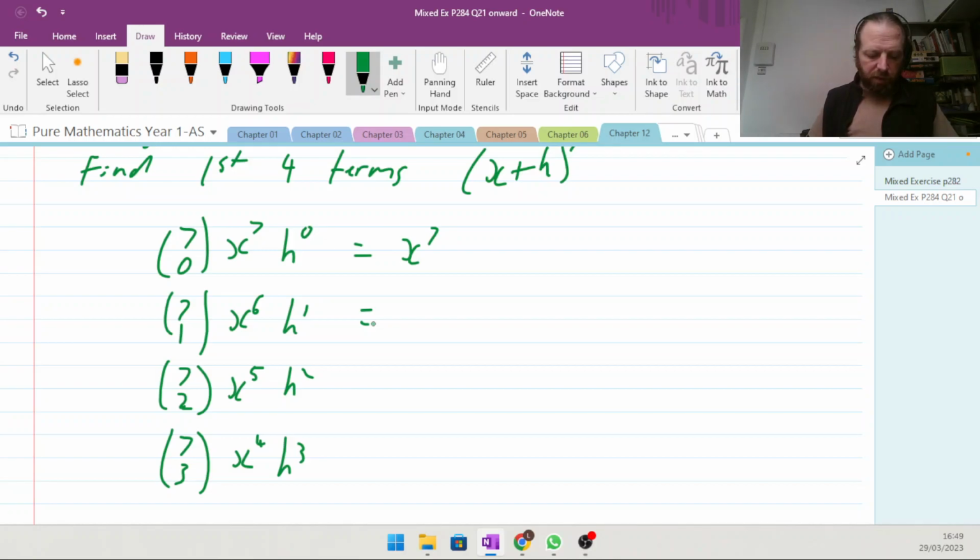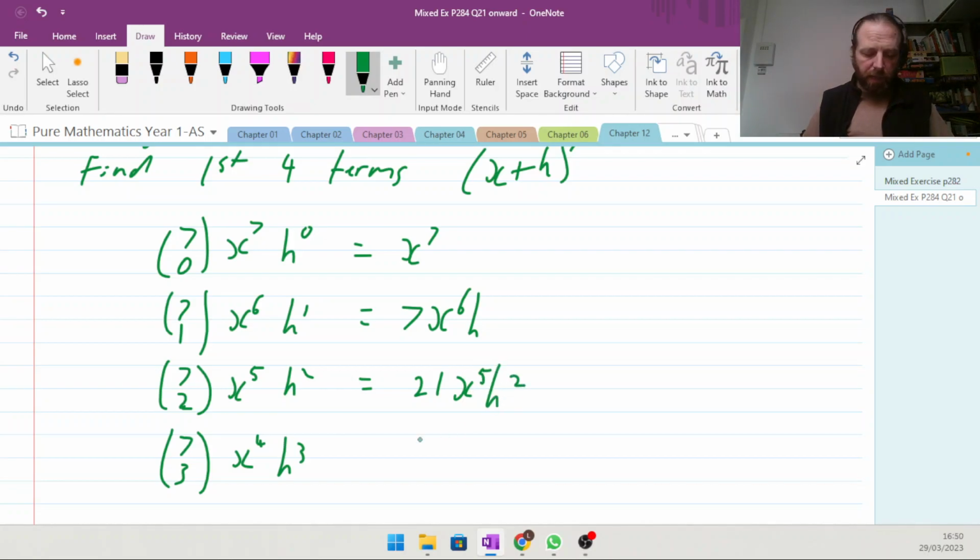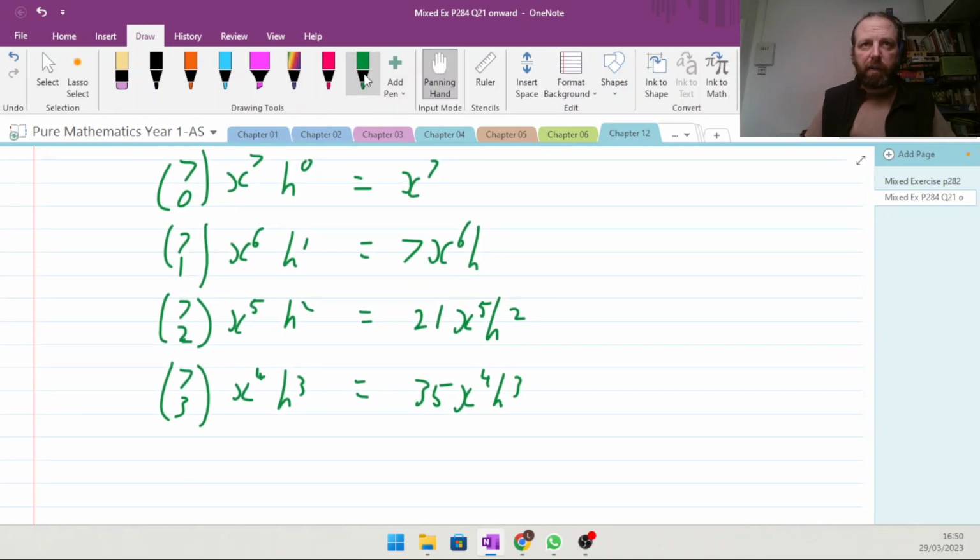So 7 C 1 is 7x to the 6 h. 7 C 2 is 21x to the 5 h squared. And finally 7 C 3 is 35x to the 4 h cubed.